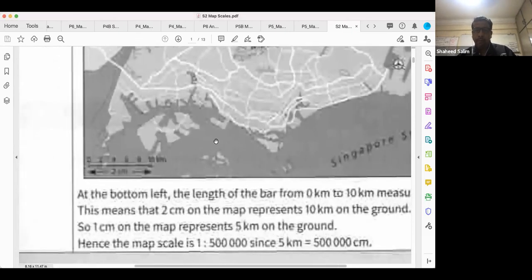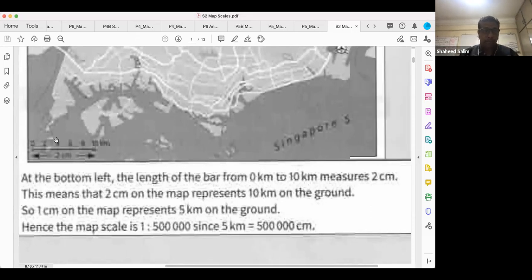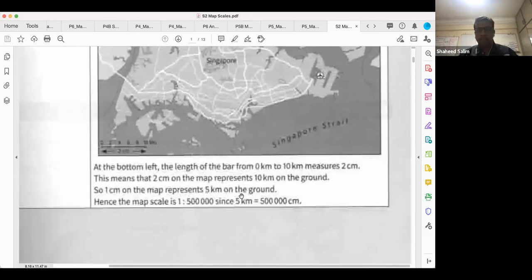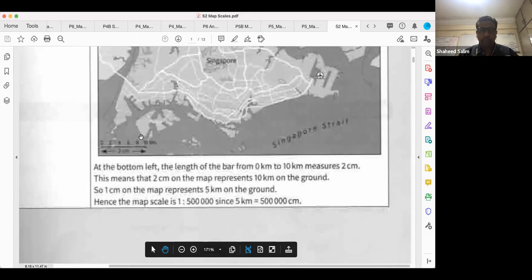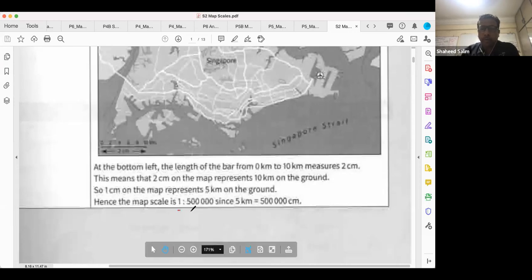Now down here, you have a map, and this is the modern map. The modern map has CM converted to KM directly. But the older maps don't do it like that. The older maps give you a ratio like this: 1 is to 500,000.